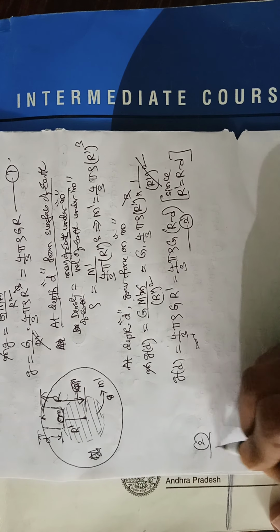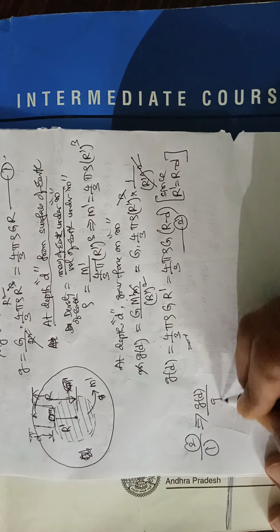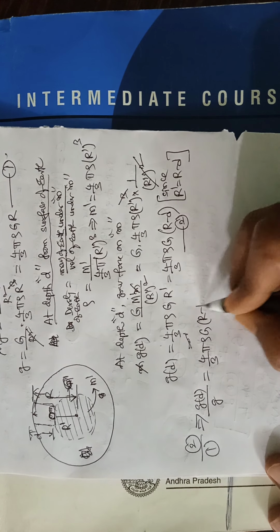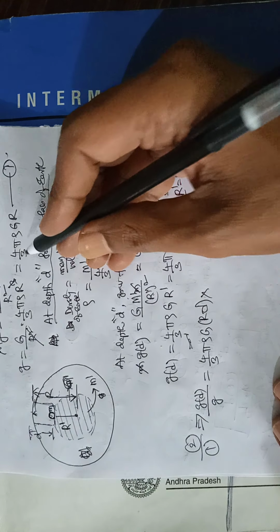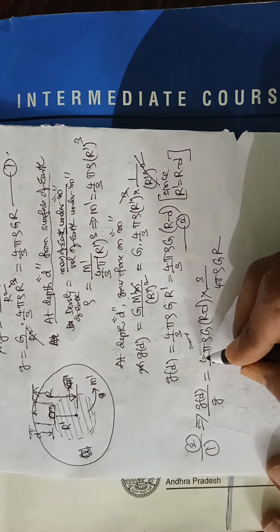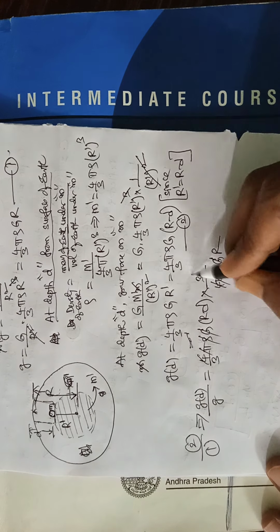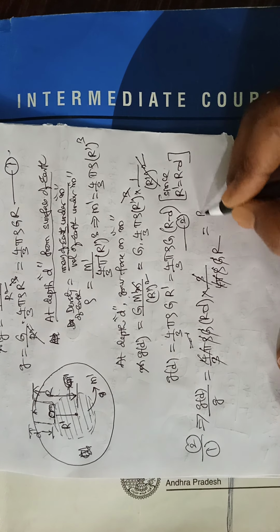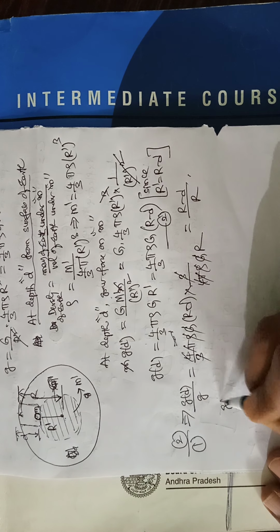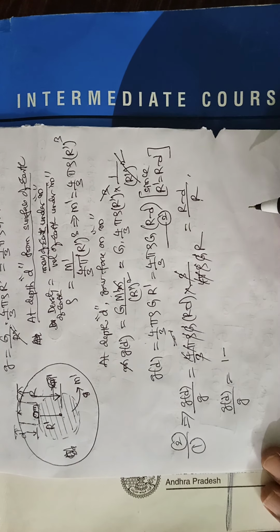The second equation divided by the first equation gives g of d by g is equal to r minus d by r, that is, 1 minus d by r.